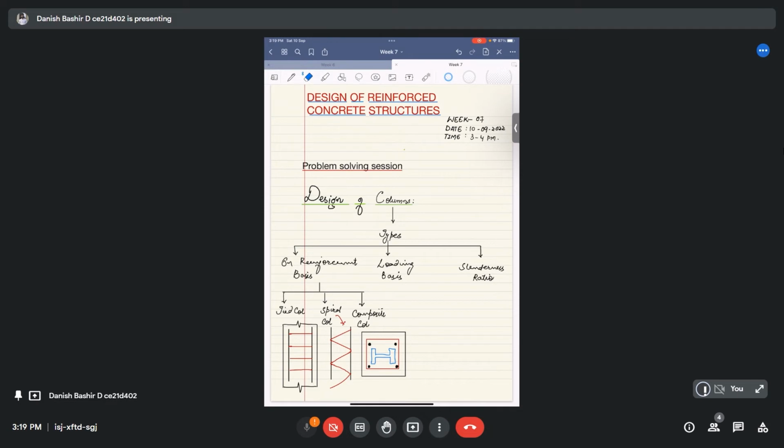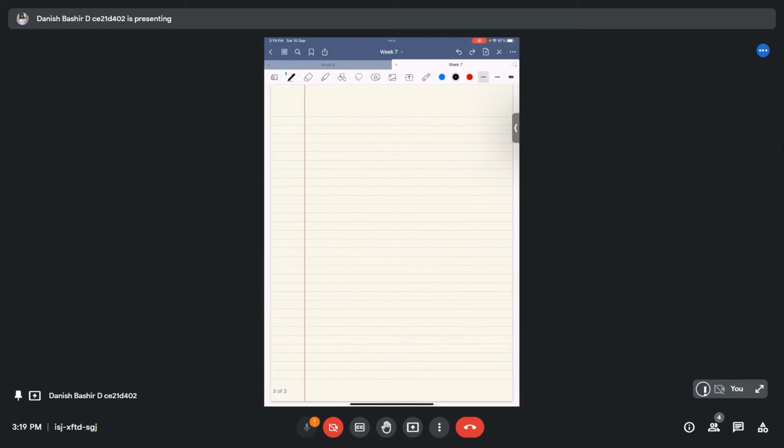What I mean by that is, for example, if we have this column section with its axes like this, and the axial load is exactly acting at the centroid of the column section, like this.